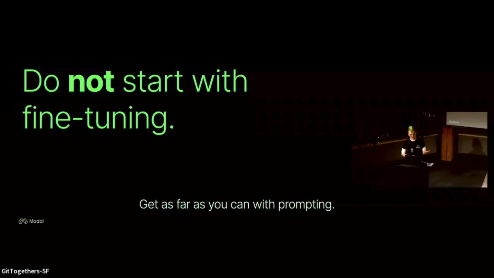And so you want to get as far as you can with prompting models before trying out fine tuning. Prove out the POC in JavaScript or Python before you devote months of engineer time to writing it in Rust. Same idea here.